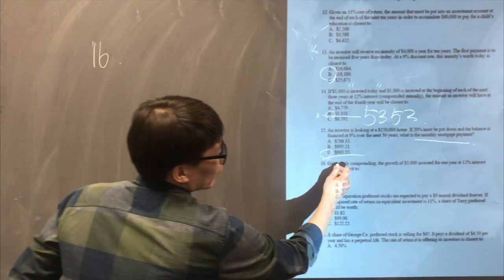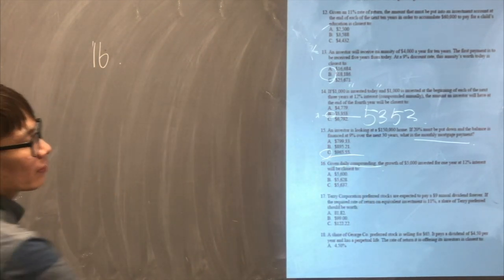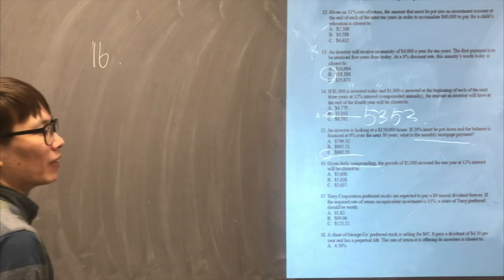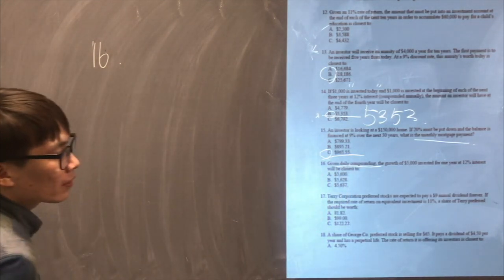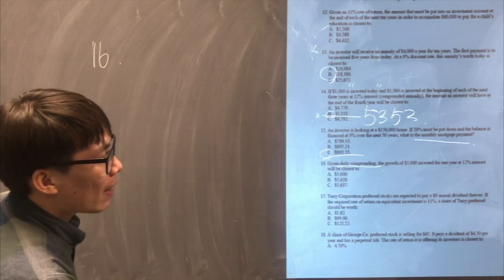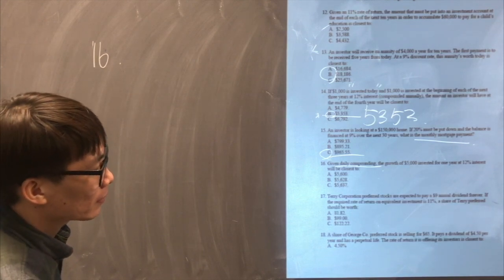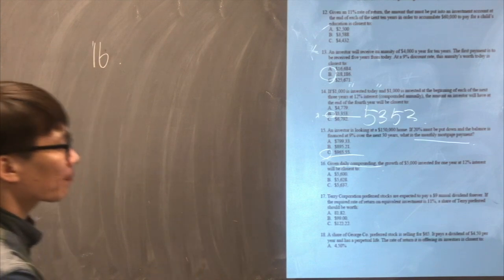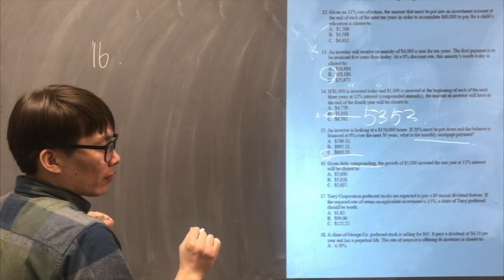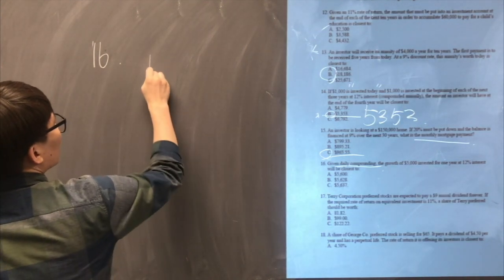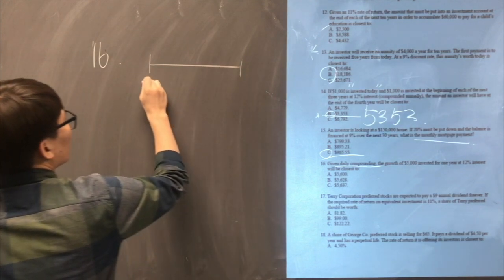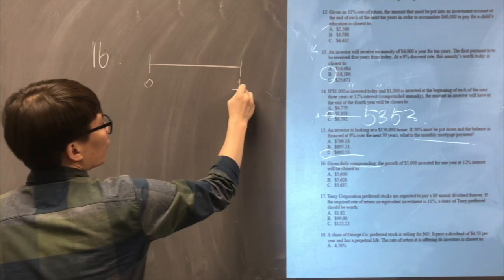Given daily compounding. Here we go, daily compounding. In this case, monthly, daily. The growth of 5,000 invested for 1 year at 12% interest will be close to what? Okay, let's think about yearly first. It looks like this. 0, end of year 1.